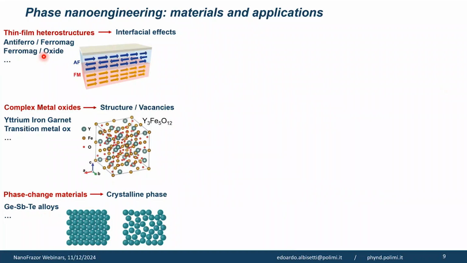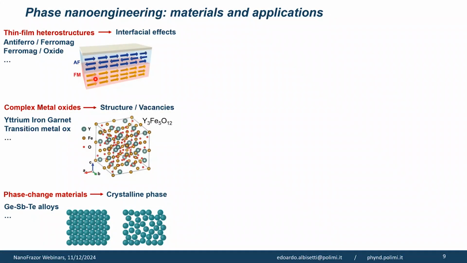That is thin film heterostructures. If we have thin films and we stack them one upon the other, then volume effects get less important and interfacial effects get a lot of importance. And by heating up or irradiating the material, we can control these interfacial effects.